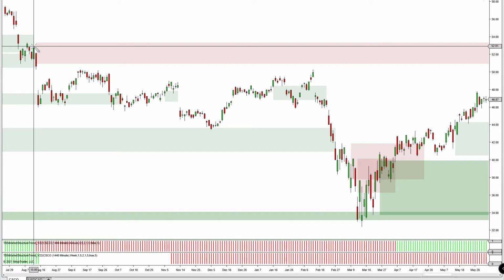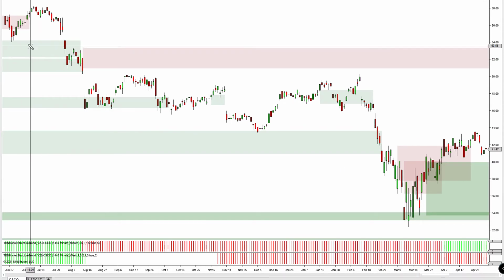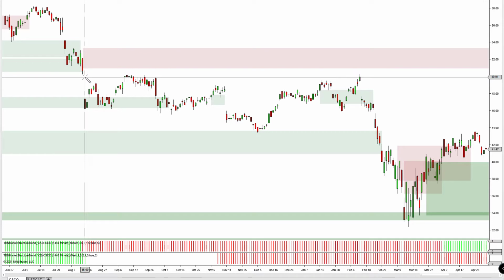Trend is based on whatever the last zone is to print. So what I mean by that is, you can see back here we were bullish, and the trend is going to remain bullish until the last green zone is taken out.